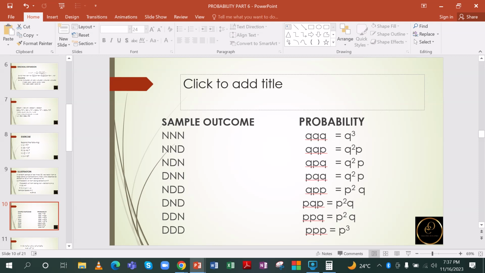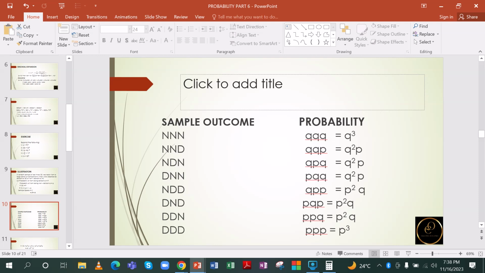I did mention earlier in my presentation that when an outcome is followed by another one, then the probabilities are supposed to be multiplied. So as it indicates followed by, you multiply the probability of the first outcome, which is Q, by the second outcome, which is Q, and the third outcome, which is Q, giving you Q cubed.